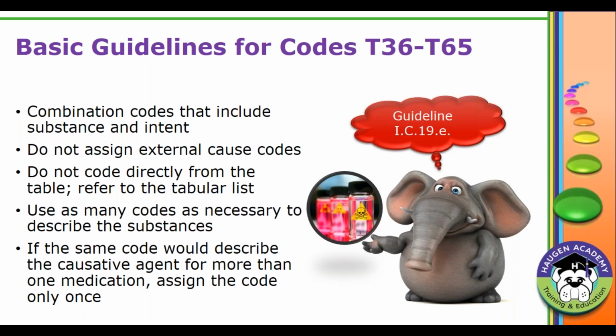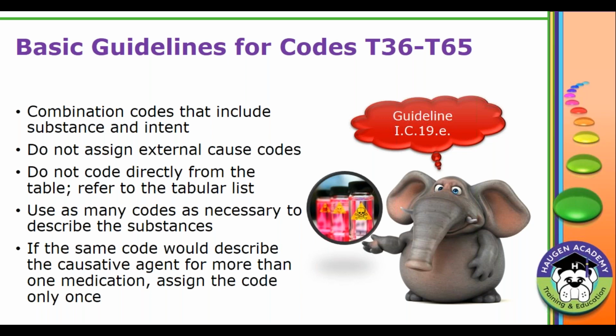You also want to use as many codes as necessary to describe the substances. If they listed out 3 different substances that were responsible for a poisoning in a patient, you code them all out separately, unless you have the same code that would describe the causative agent for more than one medication.